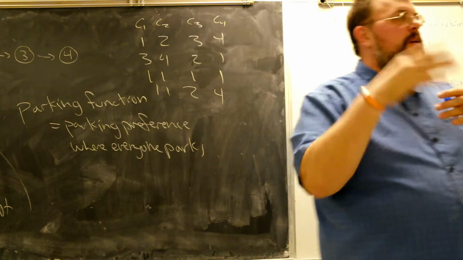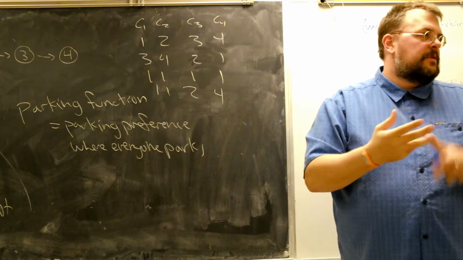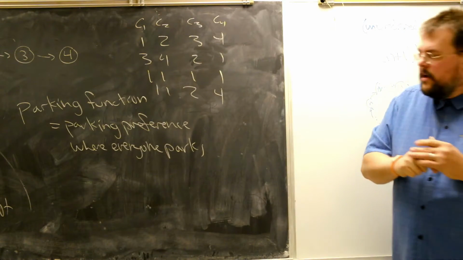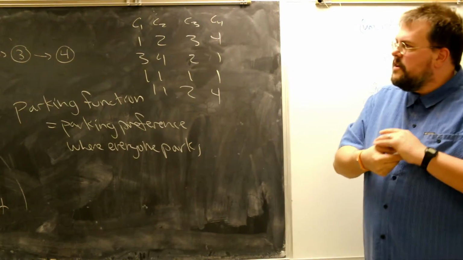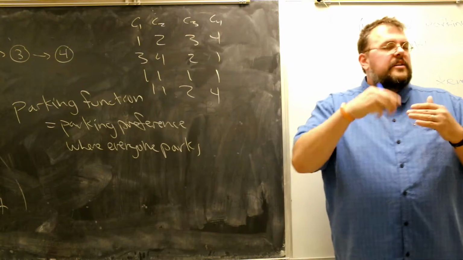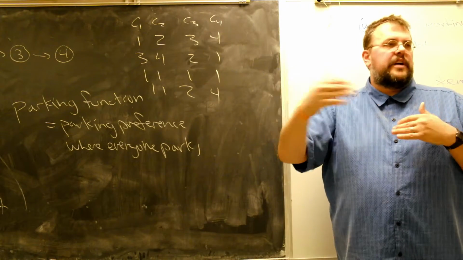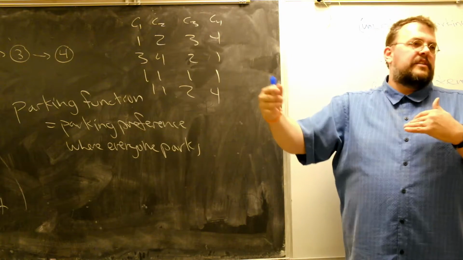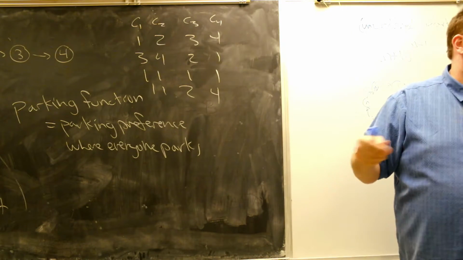Now I'm going to think of them as being the same, because there's one car that prefers 1, one car that prefers 2, one car that prefers 3, and one car that prefers 4. Fun fact, we won't do the proof, but it's not a particularly hard thing to see, especially if you sit there and think about it for a while. It doesn't matter which order the cars come in as to whether or not you'll succeed in parking all of them. So if one ordering gets everybody parked, another ordering gets everybody parked.